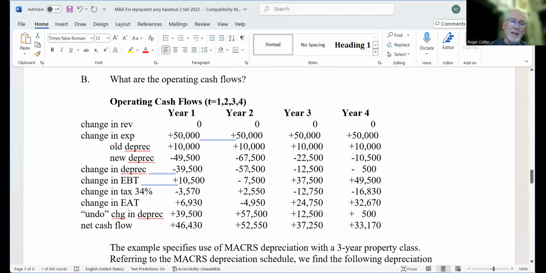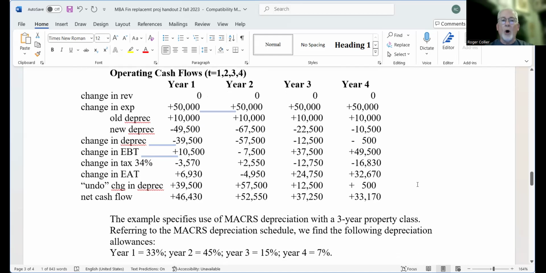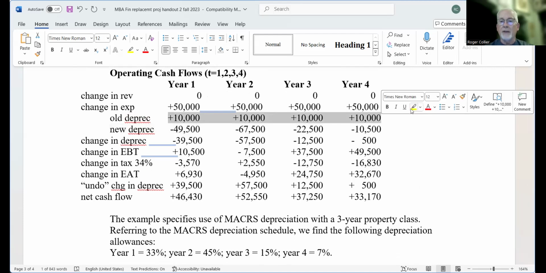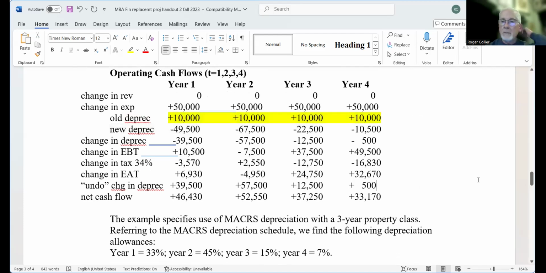Right? And that brings us to depreciation. Right? We were depreciating the old machine at $10,000 a year. I'm going to color it yellow for the old machine. Well, when we get rid of the old machine, we stop that depreciation, and that's a saving. Right? You can't depreciate something you don't own.